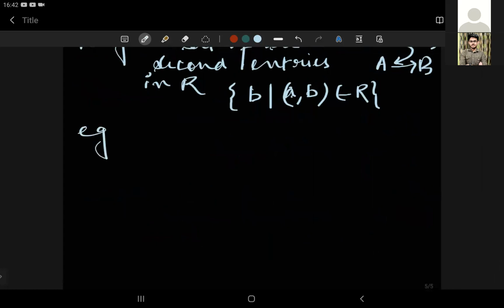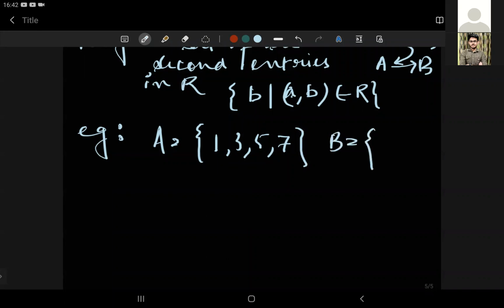Now let us take an example of this. Say A is equal to, let's say, 1, 3, 5, 7. And B, what shall we take? B, let's say 2, 4, 6.